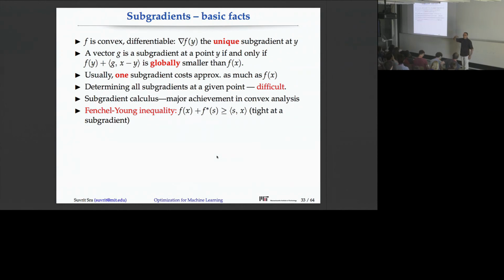That is really hard. In that picture I drew, it was easy to make those planes, but for a high dimensional convex function with a bunch of constraints, understanding all possible vectors that lower bound your function is extremely hard. And what do we do with such extremely hard problems? Typically we ignore them. Not always, but typically we ignore them, okay?